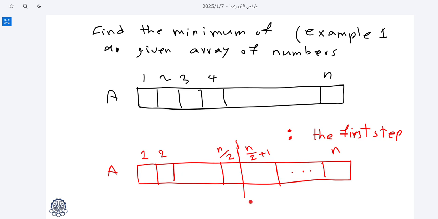So we have two parts, part 1 and part 2. Part 1 is from index 1 to index n divided by 2, and part 2 is from n divided by 2 plus 1 to index n.